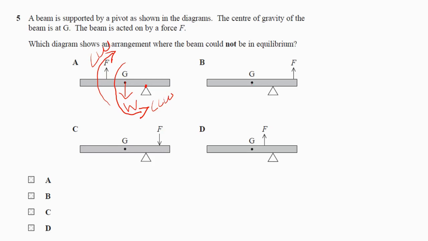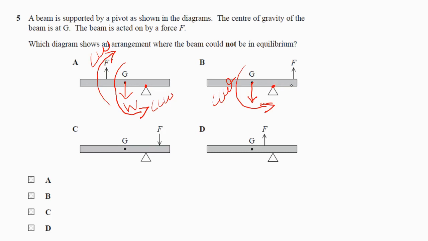In the second case, the weight is acting at the center of gravity, and the moment due to the weight is acting in the counterclockwise direction with respect to our pivoted point. And what about the moment due to the applied force F?